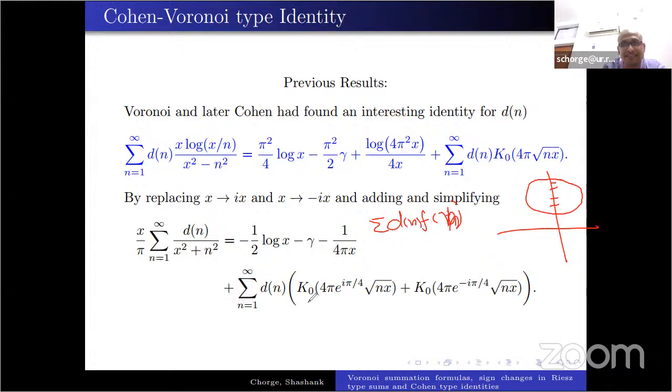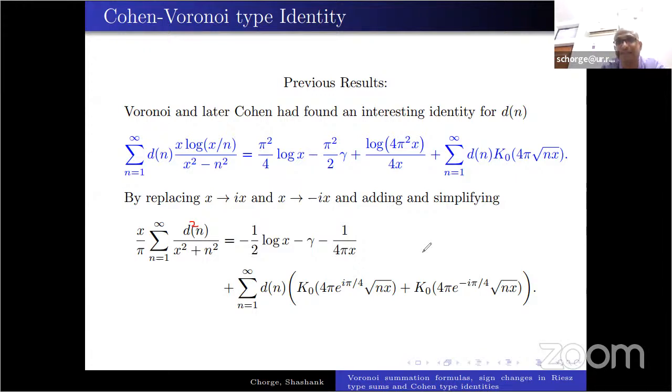So then, of course, there was a natural question. Can we use this method for d square? Can we use the same method for d square and find the Voronoi summation formula for d square?